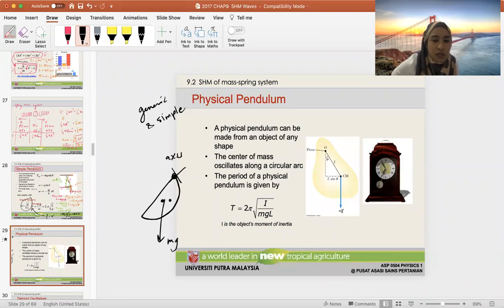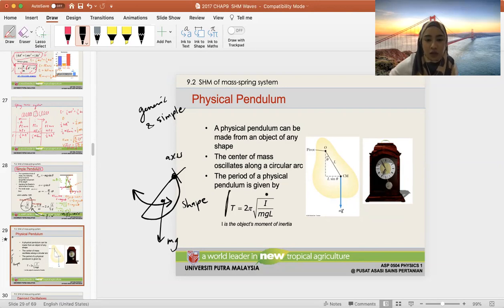So it is swinging back and forth. That is also a simple harmonic motion, right? It is repetitive over the same path. But the shape of this guy is weird. So obviously the approximation will not hold, because our approximation was for a simple pendulum that was a ball, right? So what if it's not a ball?